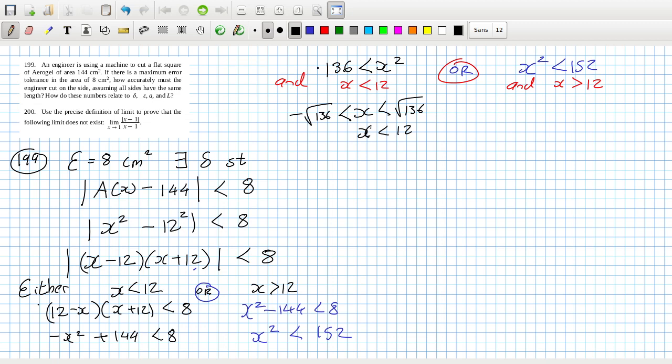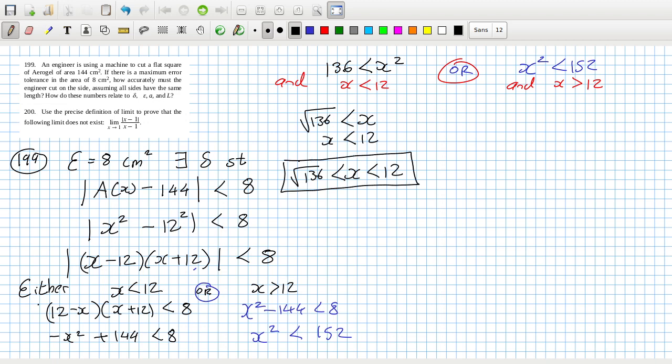Oh, I'm sorry. I have my inequality the wrong way around. X squared needs to be more than 136. So that means x would have to be more than root 136 and x has to be less than 12. So putting them together, you get x has to be between 12 and root 136. That's the first possibility.